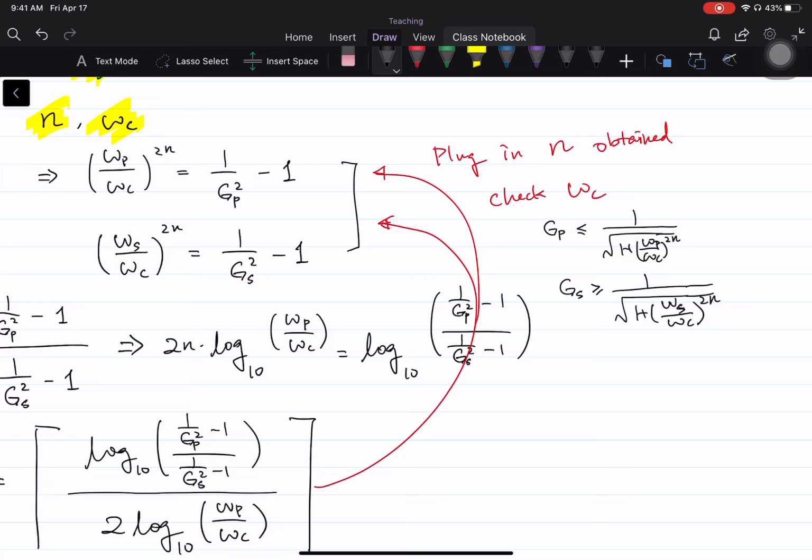You check omega c to make sure these are satisfied. If not, you can adjust the parameter. This will give you a good initial spot. You can change n to be slightly larger and go back to this equation. But usually, when you obtain two omega c's, plug them into the equation and check. Usually both will satisfy the design. If not, at least one of them should.